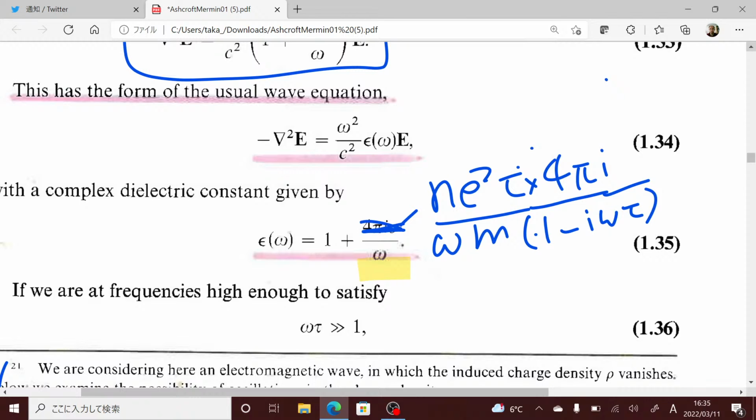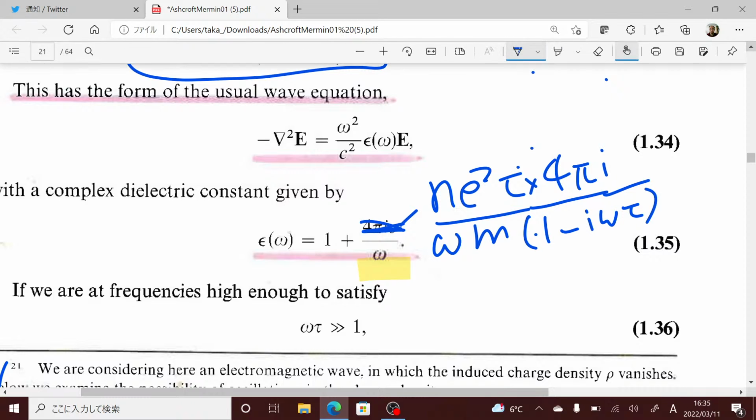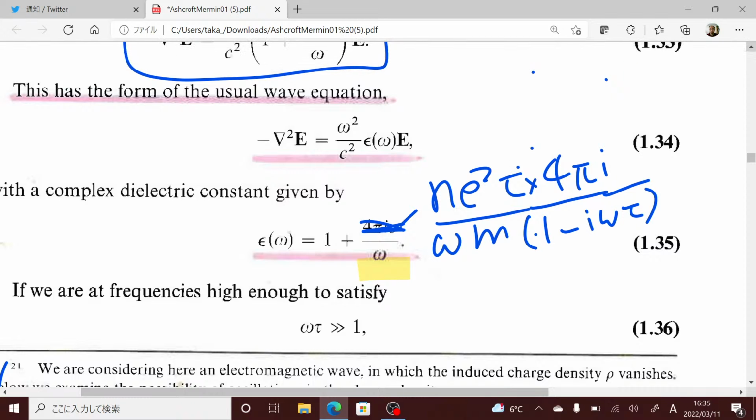If omega tau is much larger than 1, we can ignore this one.